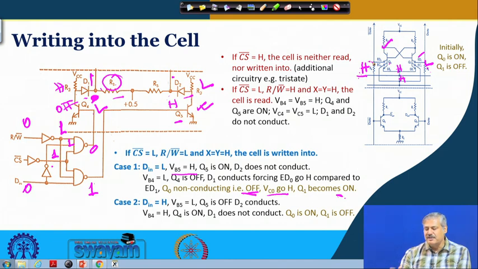Okay. So a similar thing will happen here, it will remain stable, and as I said, it does not require refreshing, and basically they are holding each other in a stable mode. Is it clear?